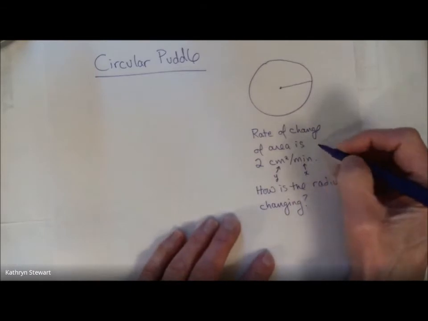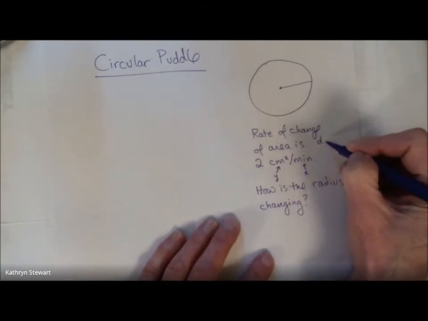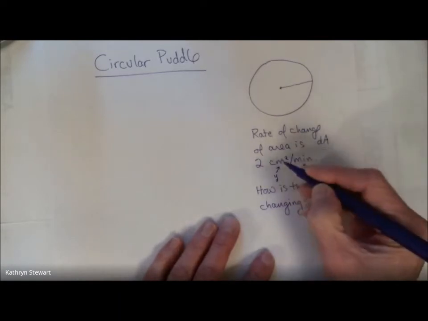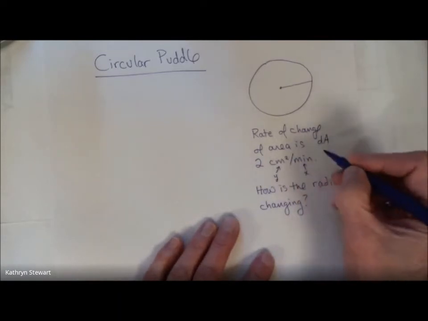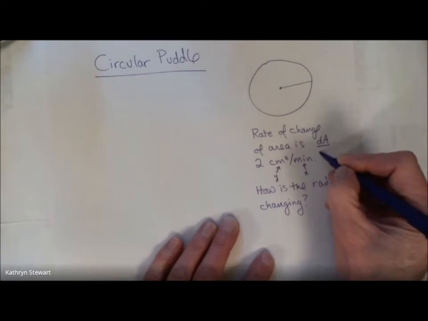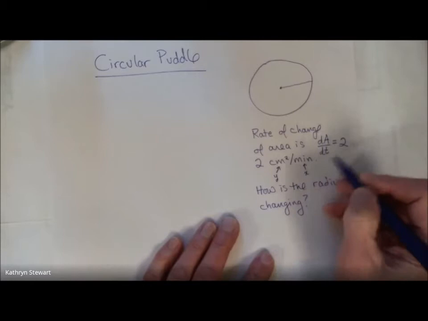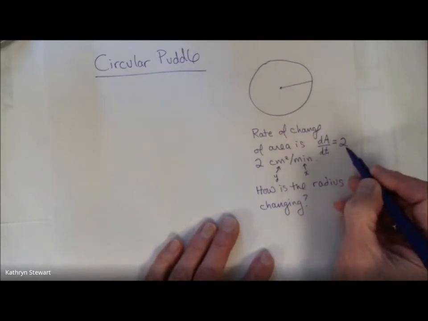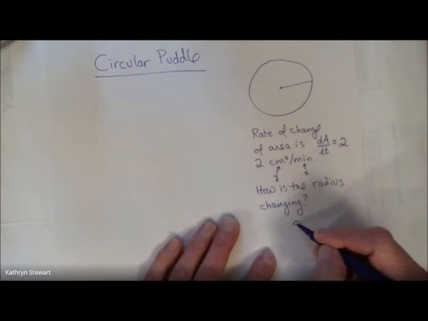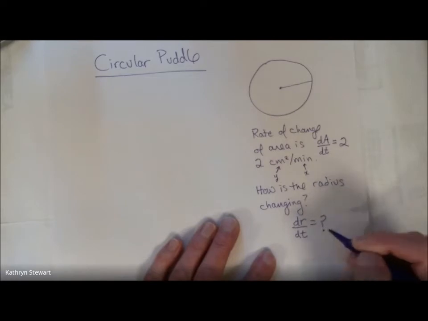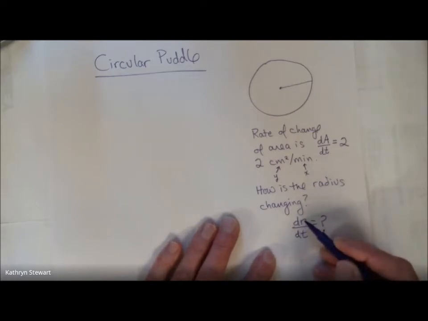And I'm going to use Leibniz's notation, so it makes it very clear that my y value is my area, so I'm going to use A, and my independent variable is time, so I'm going to use t. So what we were just told was that the change in area is 2 square centimeters per minute. And what I'm wanting to know is, how would I describe the rate of change in the radius over time?